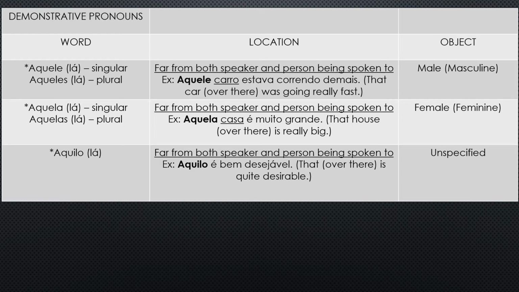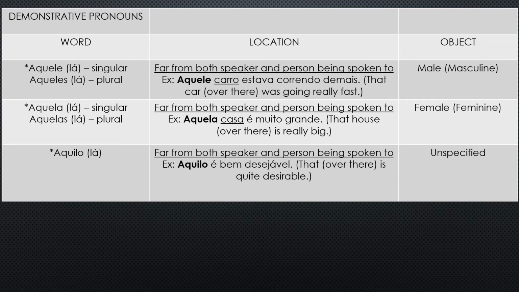And if it's a feminine word that you're talking about, you use aquela. So let's go back to aquele and aqueles first. These are things that are far from both the speaker and the person being spoken to. So, masculine word, singular, aquele; masculine word, plural, aqueles.